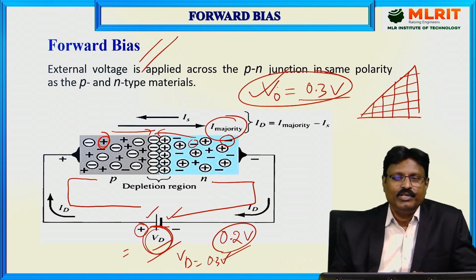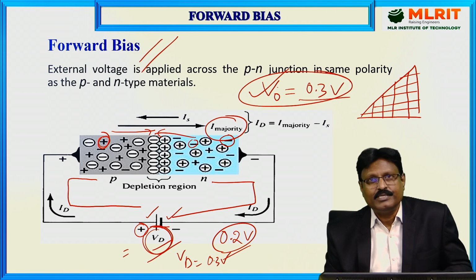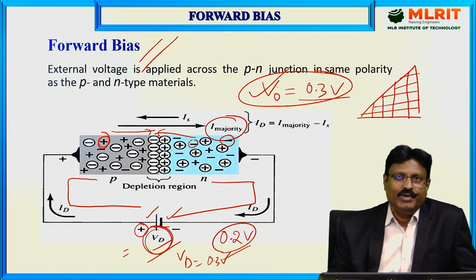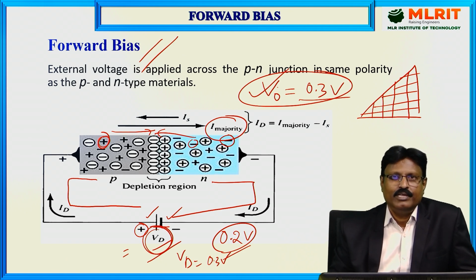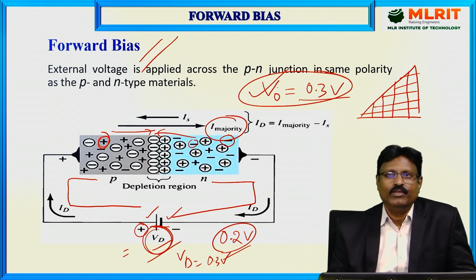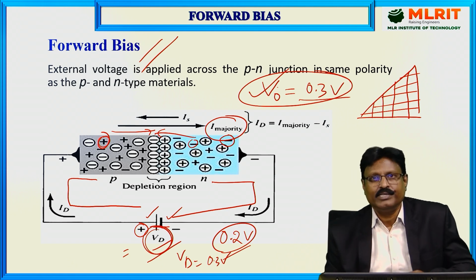Before that, no movement of charges happens inside the device, because already a barrier potential is created inside the device. That's why, whenever Vd is less than the barrier potential, the current through the device is zero. No current will flow, even though you are applying a forward biasing voltage.